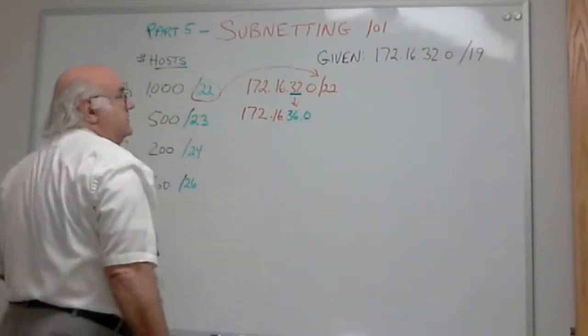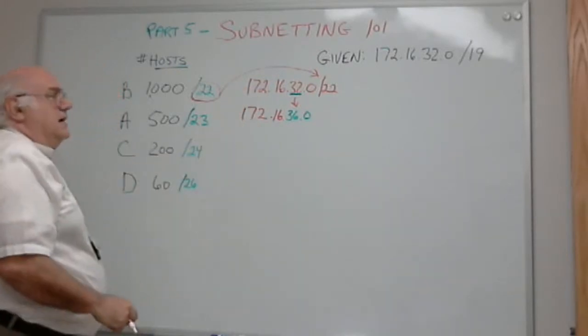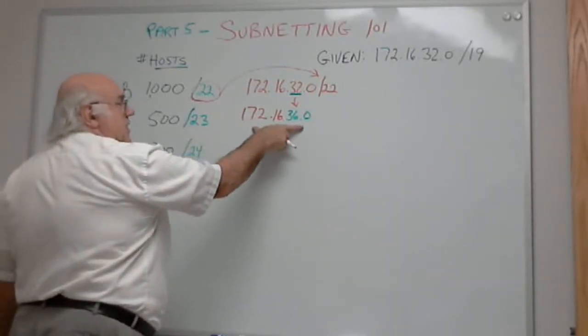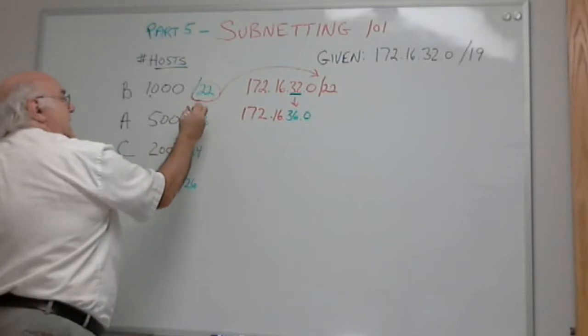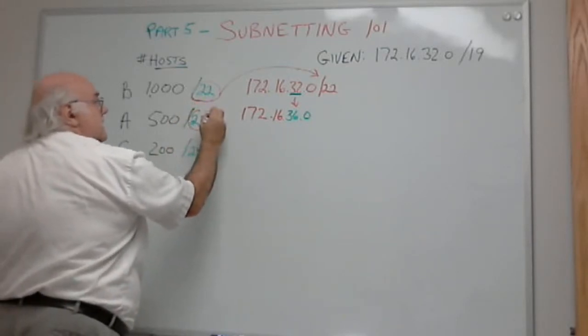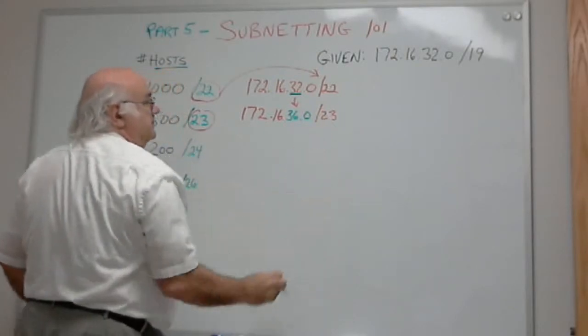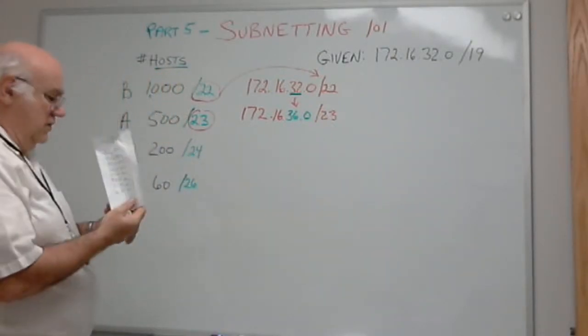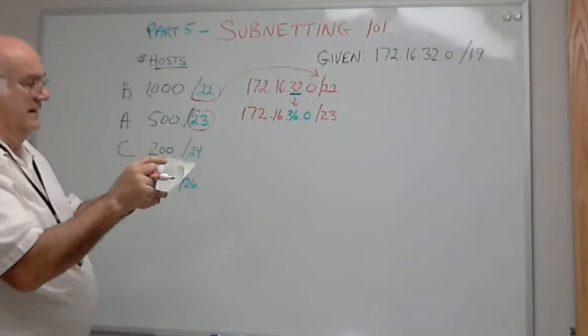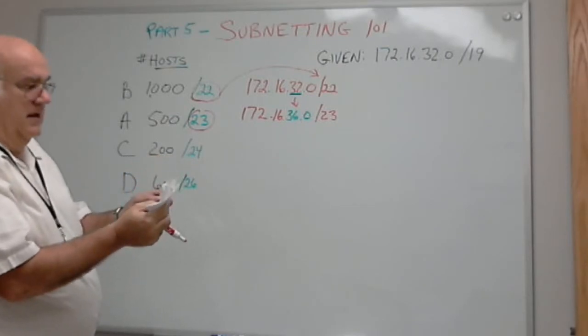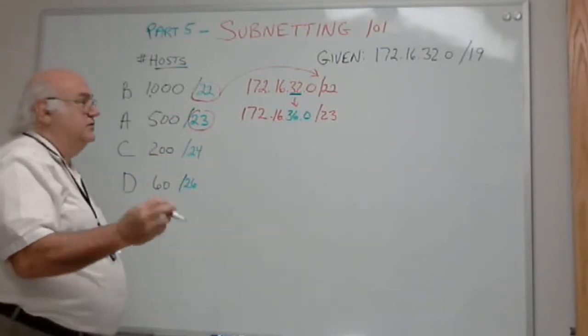Based on that 22. Now, this is my next network, but this now becomes its prefix, /23. If you look at your chart, you're still in the 3rd byte. The bit positional value is 2.